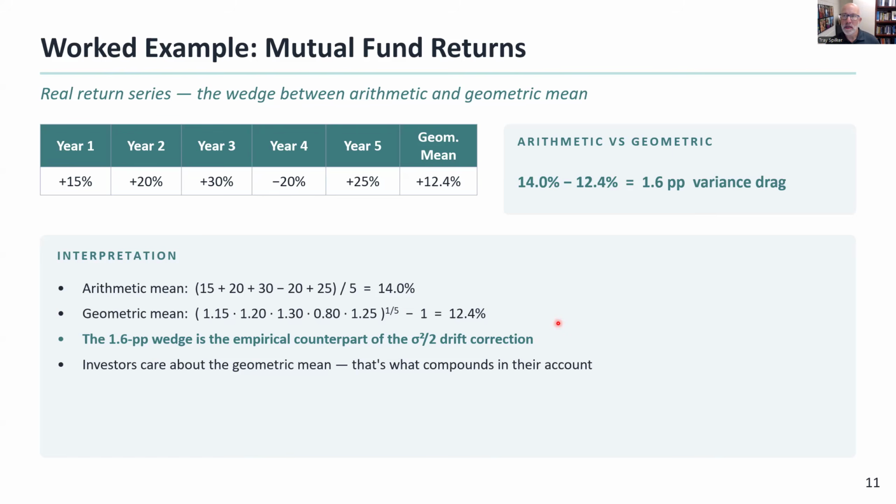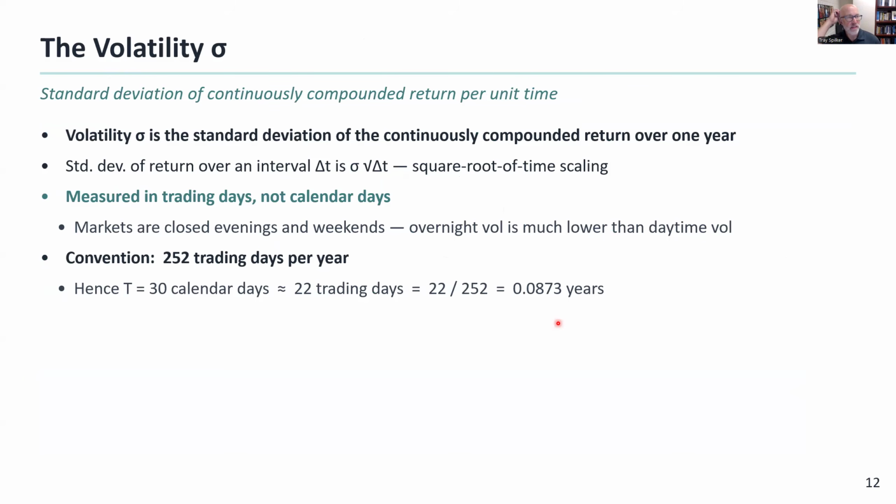Now, the standard deviation, or vol, as we often call it, volatility, is just the continuously compounded return over 1 year. That's going to be the standard deviation for that. And it scales, as I mentioned before, with the square root of delta t. That is the square root of time scaling.